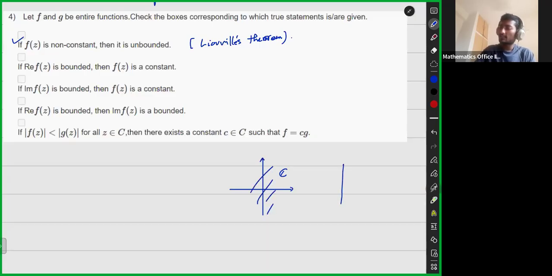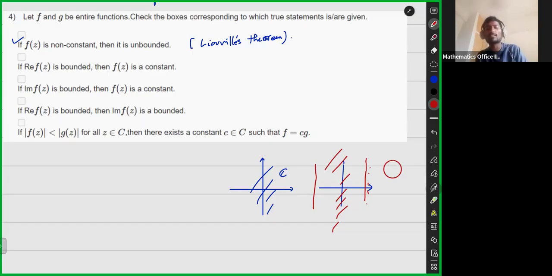Okay, and what is the image? The image is bounded in the real part, meaning there exists some boundary for the real part. So the real part is not increasing. This side may be infinite, but it is bounded by something here, right? So you can find a disk here or somewhere where f does not have any image. There are different ways to prove this, to show f is constant. If the real part is bounded, or if the imaginary part is bounded, these two options are correct.